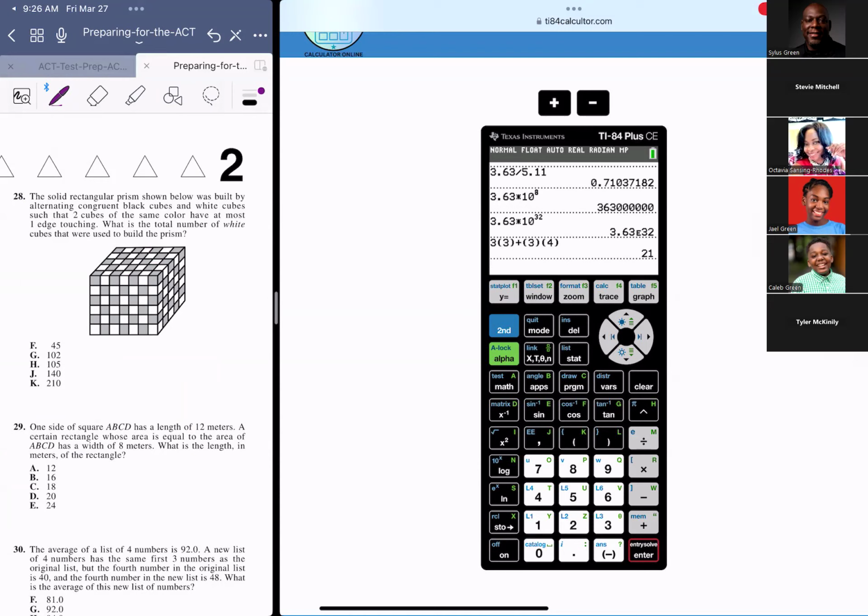So if I just see how many rows there are, 1, 2, 3, 4, 5, 21. Yeah, so I think it's just 105.